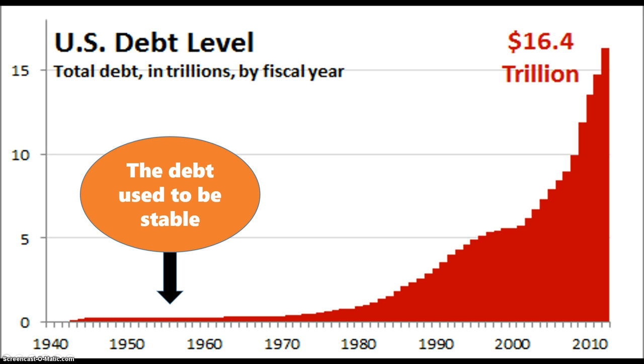Though the interest costs are substantial, they have remained lower than some economists predict because the world has continued to lend money to the United States at very low interest rates, even as the nation's debt has grown.